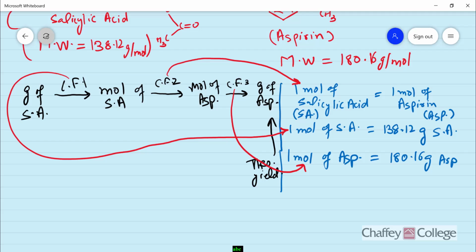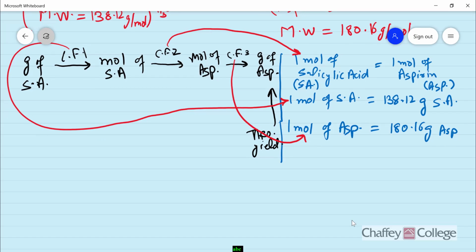Now, because I'm not going to solve exactly your calculation, I'm going to assume a given starting amount of salicylic acid. In your case, you will have your own starting value of salicylic acid, and you should use your starting value. So in my case, I'm going to assume that I started with 1.5 grams of salicylic acid.